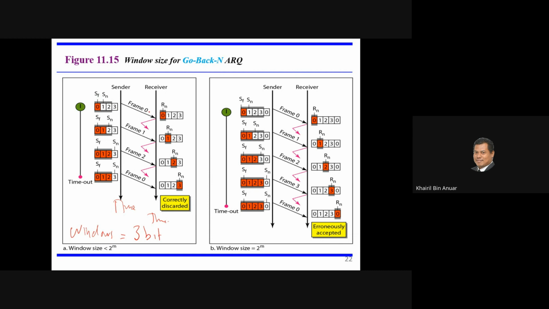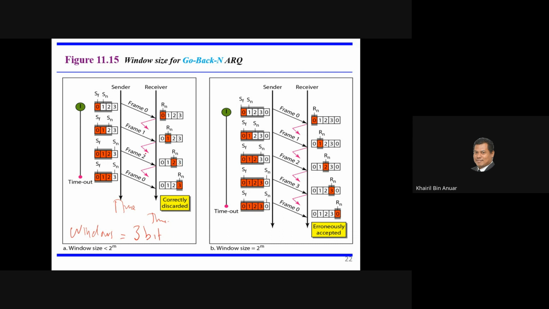What happens here is that when you send frame 0, the receiver will receive frame 0 and acknowledge it, and then send frame 1, and move to 1 over here, receive frame 2 and move to frame 2.